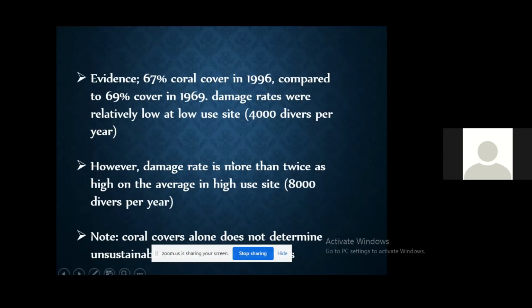So based on this, what the study concluded is that coral breakage and other damages to coral reefs should also be considered, not just the amount of coral cover.